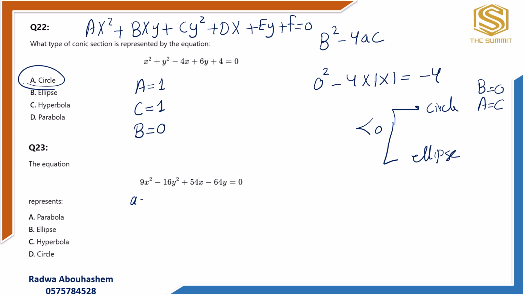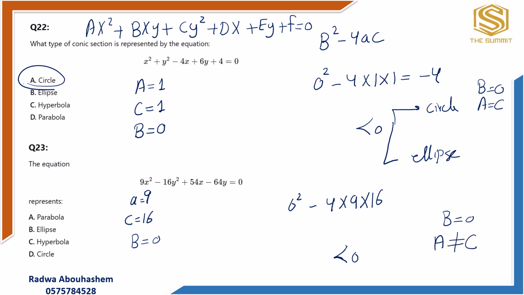So A here equals 9 and C equals 16. And I don't have B here. B is 0. Let's apply it. So 0 power 2 minus 4 times 9 times 16. Of course, it would be smaller than 0, right? Now, B is 0 and A does not equal C. This means this is the case for an ellipse.